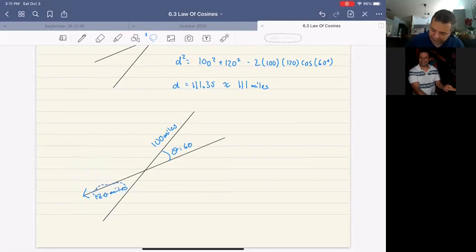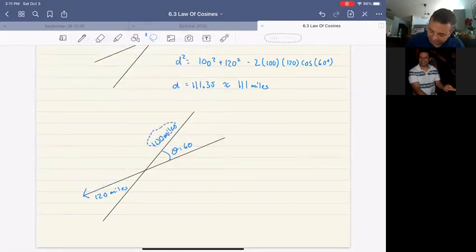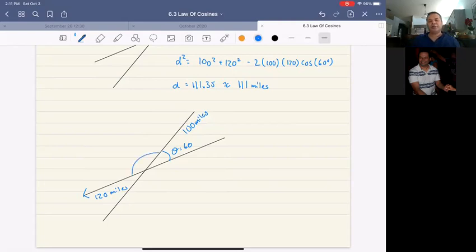Do the same thing here. This angle here is then 120, right? And we're trying to find this distance.